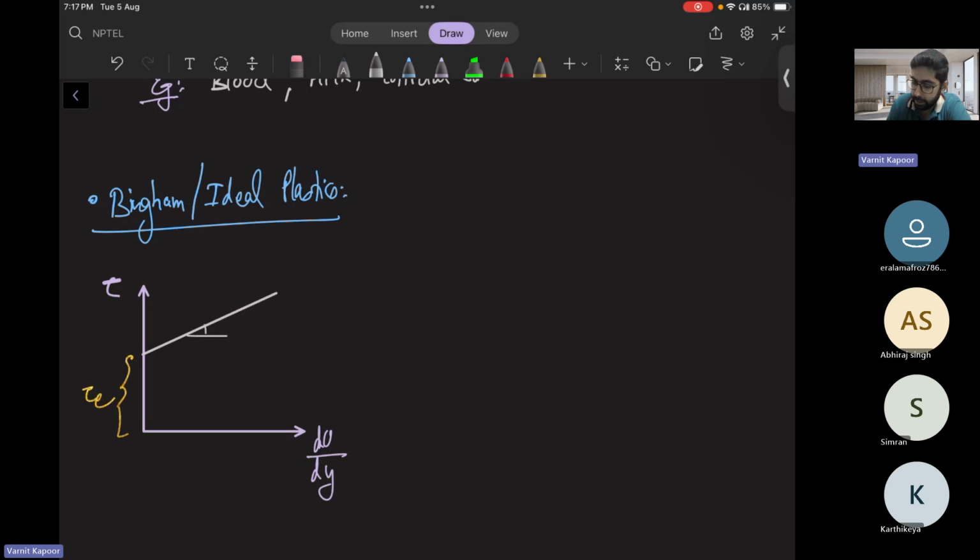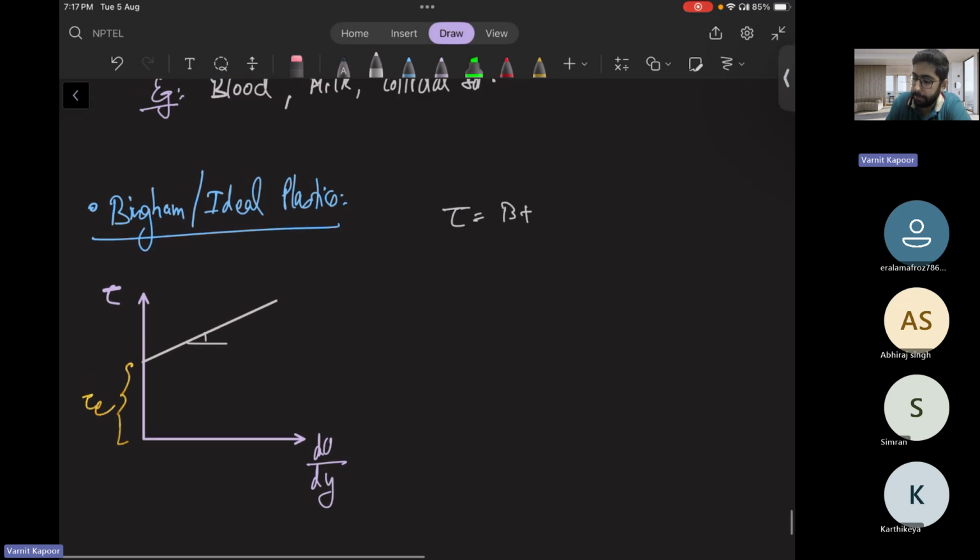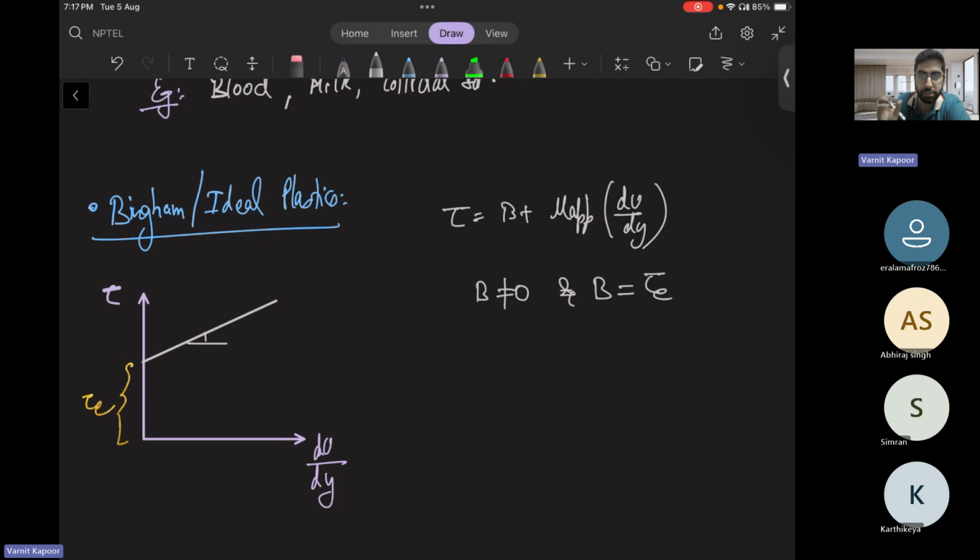So tau is nothing but B plus mu apparent du by dy. So here B is non-zero, and B is equal to tau E. Some shear stress is initially required. And mu apparent is again K du by dy to the power of n minus 1.